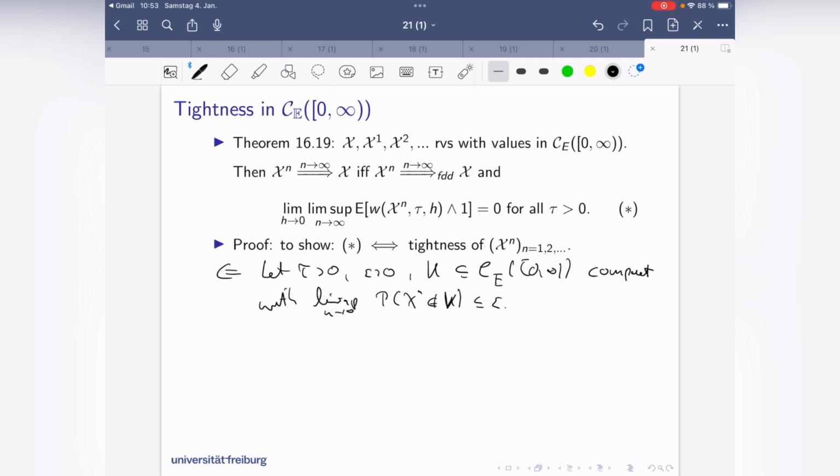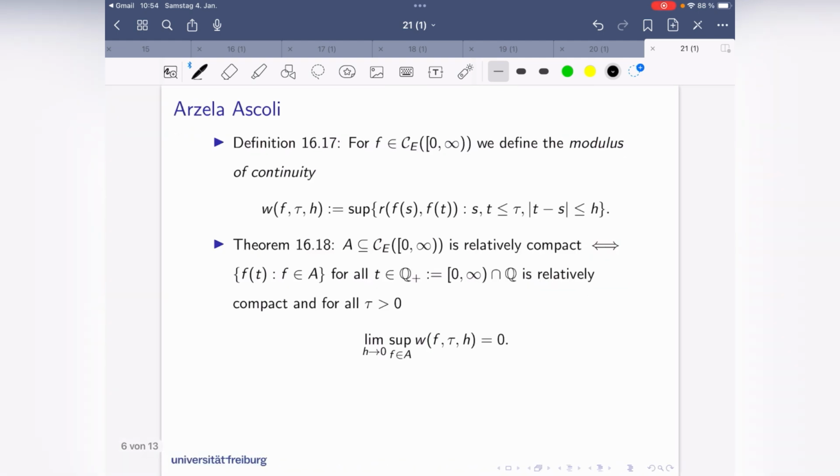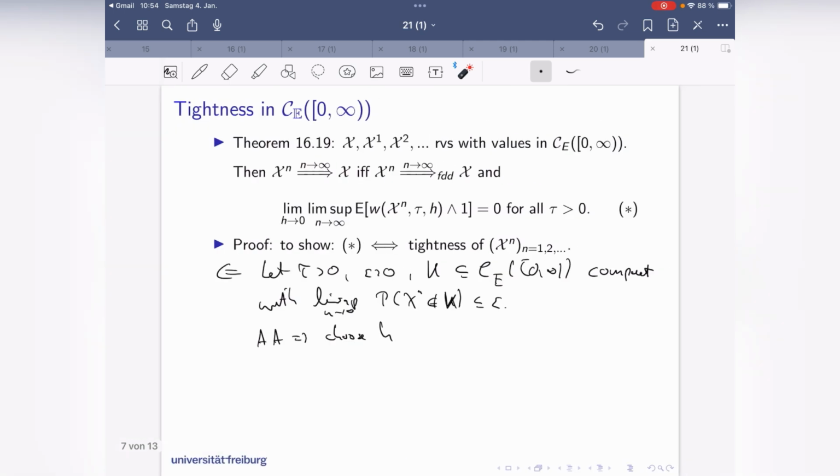Yeah, by Arzelà-Ascoli, I can choose an h. So here, as we see, relatively compact if and only if this here converges to 0 as h goes to 0. So I can take a small h such that this here becomes less than epsilon.